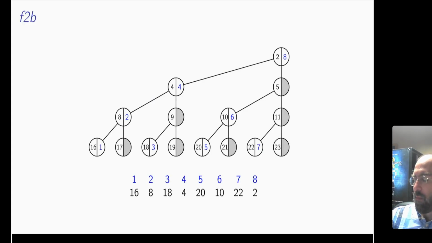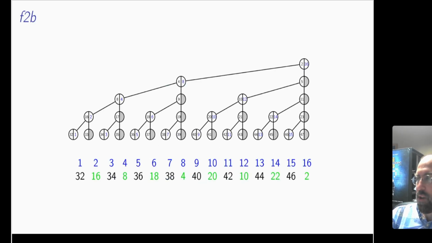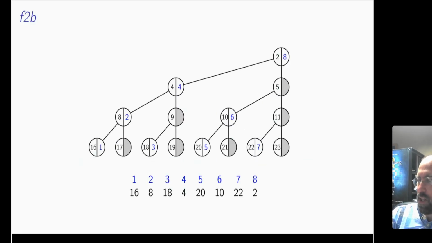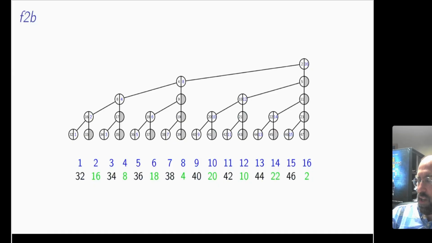Here on the top, the blue numbers are Fenwick array indices, just numbered 1 through 8, and the other numbers underneath are the corresponding full binary tree indices. If we go one more level, we can see that these numbers we had here, 16, 8, 18, 4, 20, show up; these green numbers are the same. They're interleaved with some other ones.